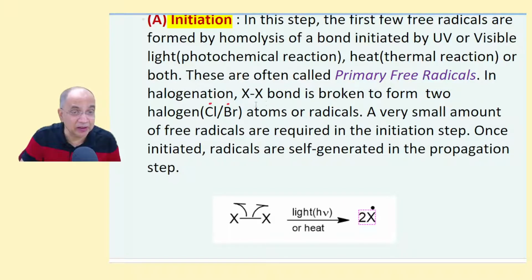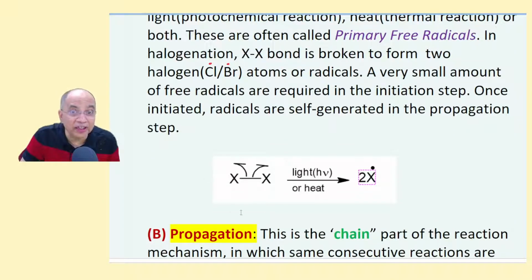In halogenation, the halogen itself, chlorine-chlorine bond or bromine-bromine bond, is broken to form 2 halogen atoms, or we can call them free radicals because each contains an unpaired electron. So, halogen molecule X2, chlorine, chlorine, bromine, bromine, this bond undergoes homolysis, shown by a fish hook arrow on both sides, to produce 2 halogen atoms, chlorine atoms or bromine atoms, what we call free radicals.